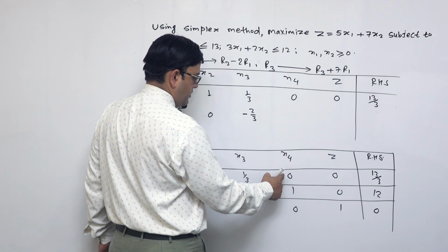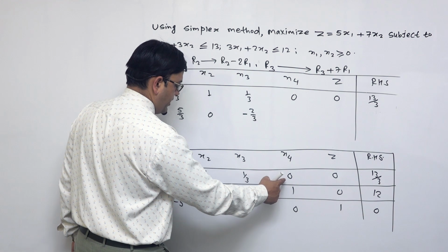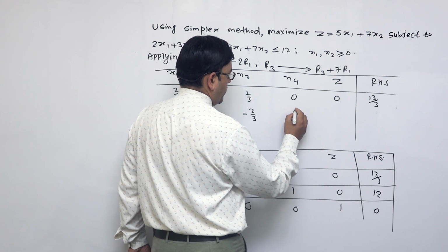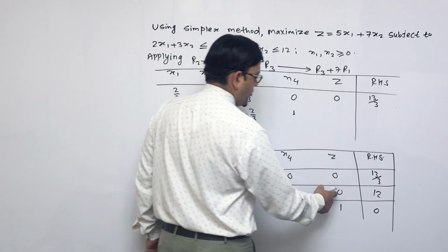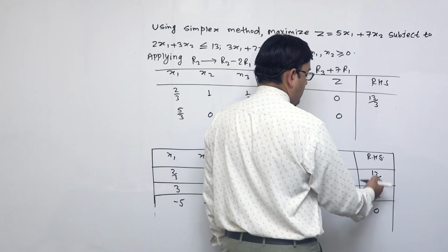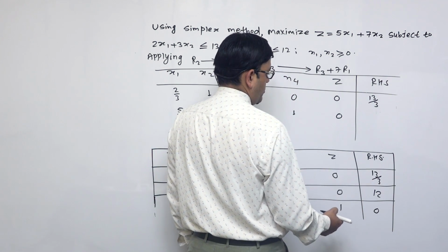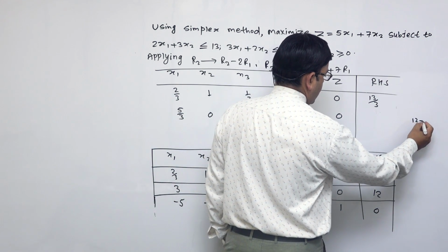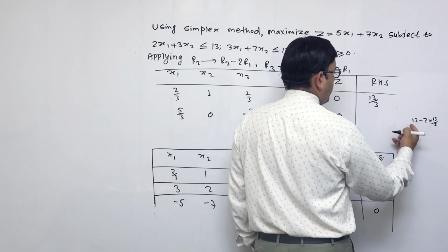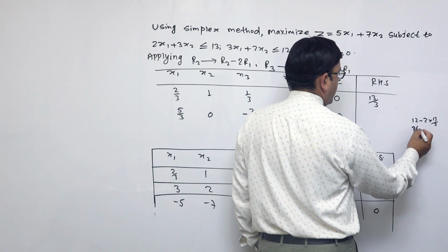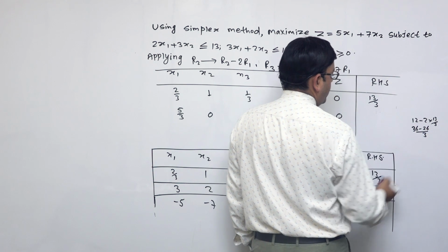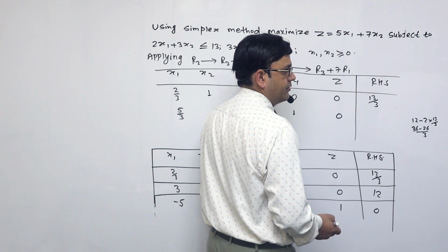Similarly we have this one is 0, फेरि हेरौं है, 0 1 minus 0 is 1 भयो। Similarly 0 minus 0 is also 0, and then 12 minus 2 times, हेर्नुस् है, 12 minus 2 times 13/3, so it means 3 times 12 is 36 minus 26 upon 3, it means 10 by 3.